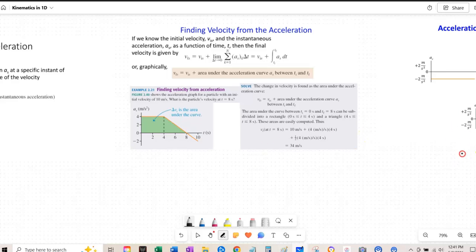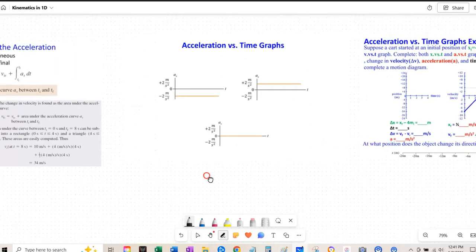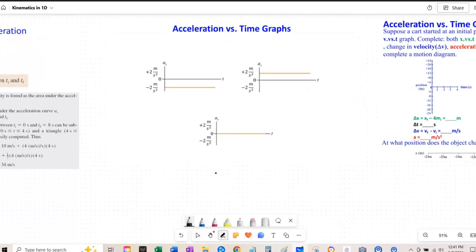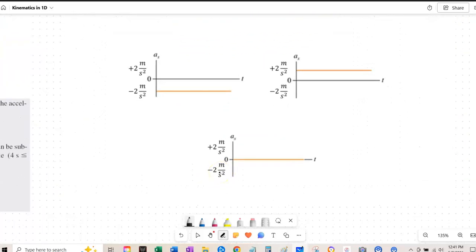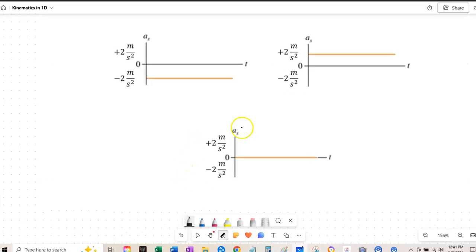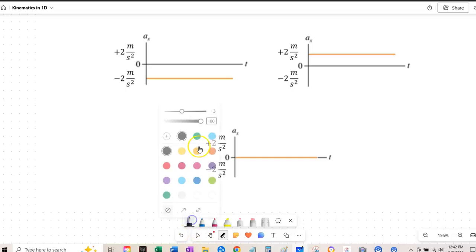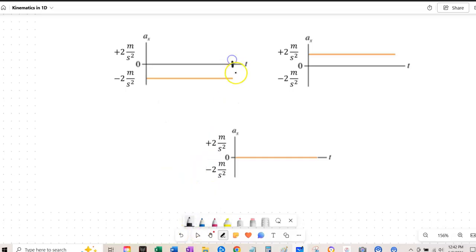So let's take a look at some acceleration versus time graphs and talk about that. So here we go. Again, if we take an acceleration versus time graph, I'm going to note some times here. I'm going to call this 3 seconds, and this 3 seconds, and this 3 seconds.